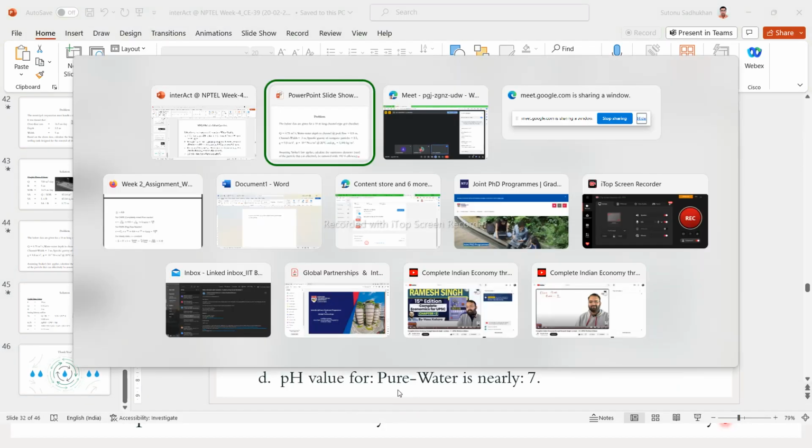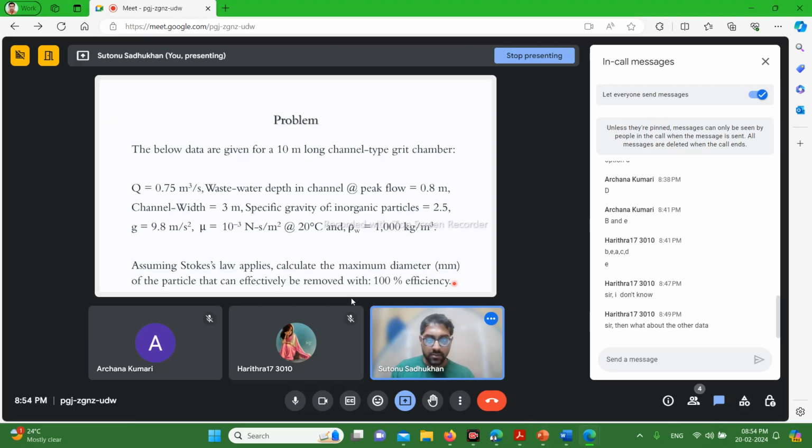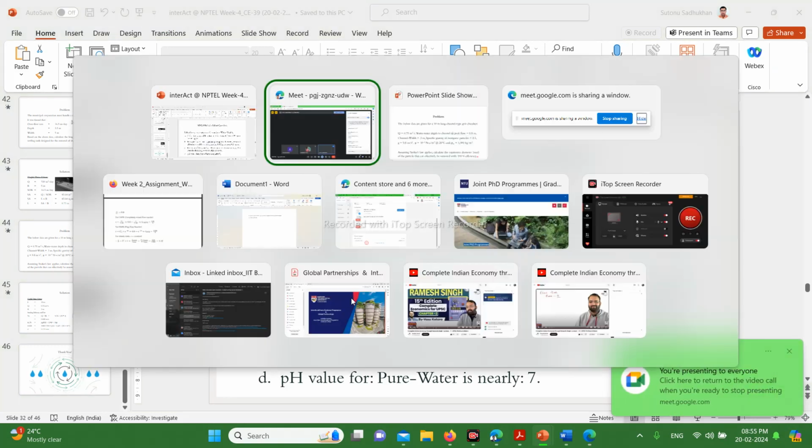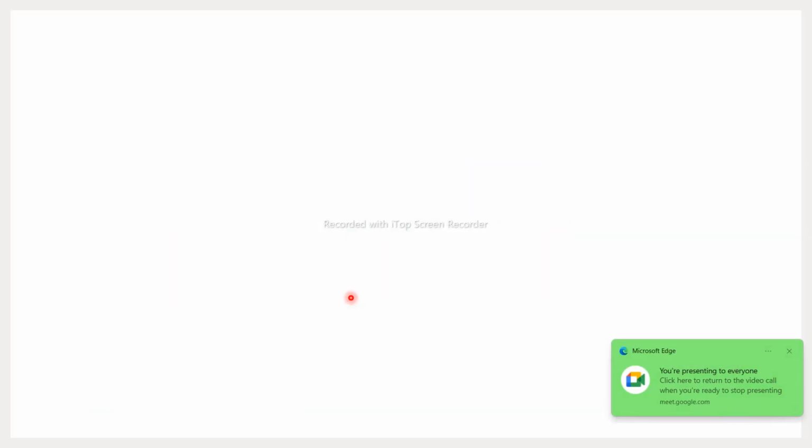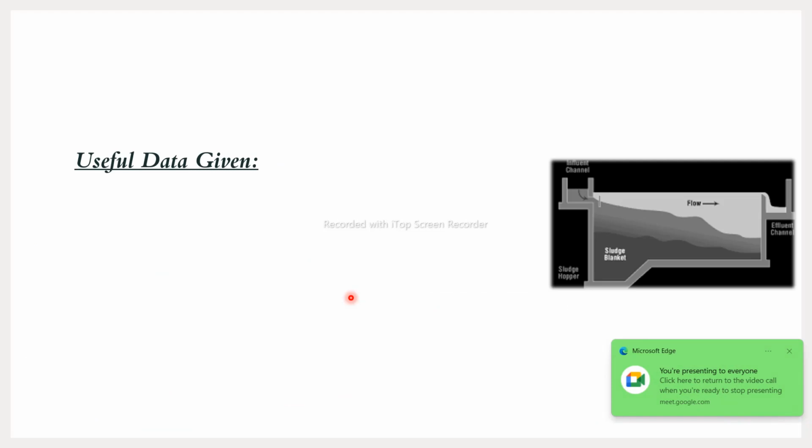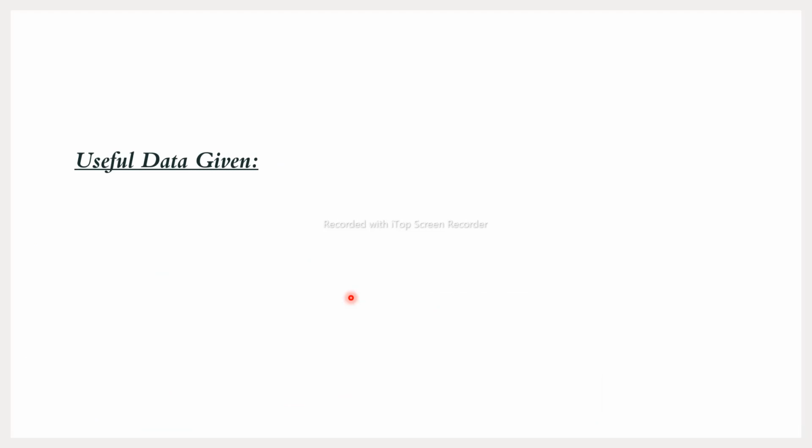What is the time? Okay, so this is the last problem of today. What about the other data? So you are talking about the last problem, Puritra. Okay, we will see. What other data was there? All other data are not useful, that's why it was told as useful data given.